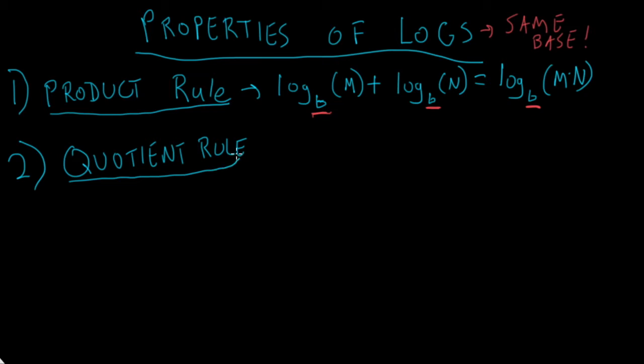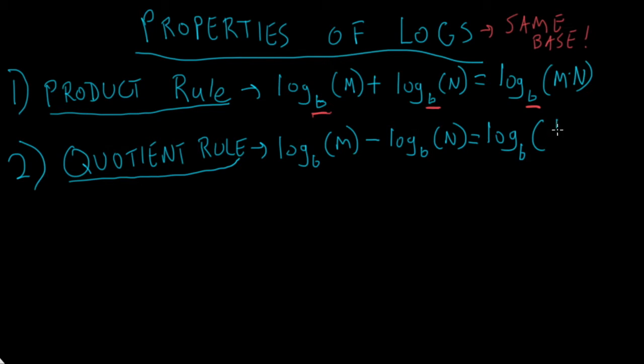In the same way that we have the product rule, we also have a similar quotient rule, which says log b of m minus log b of n is equal to, you can probably guess, log b of m divided by n, because it's the quotient rule, division. Again, we have the same base, and then we have m minus n, so that becomes m divided by n.